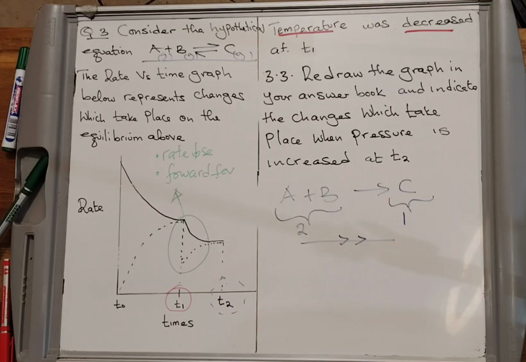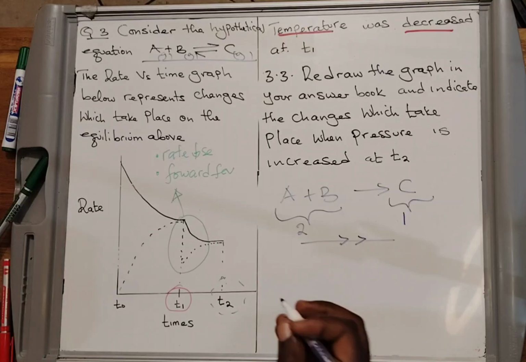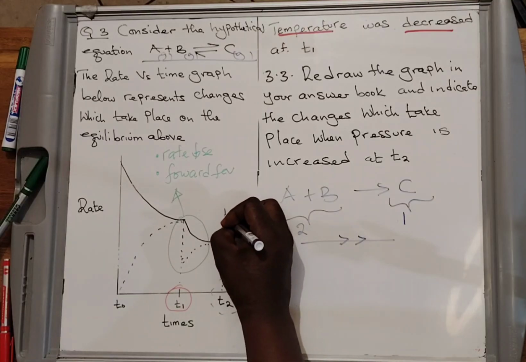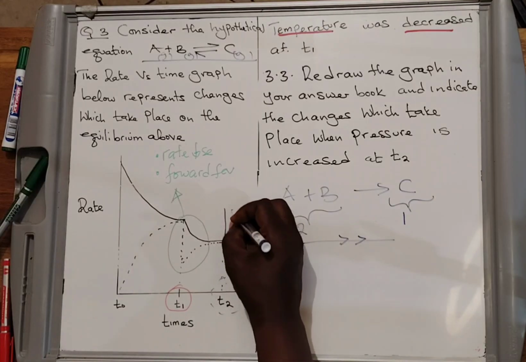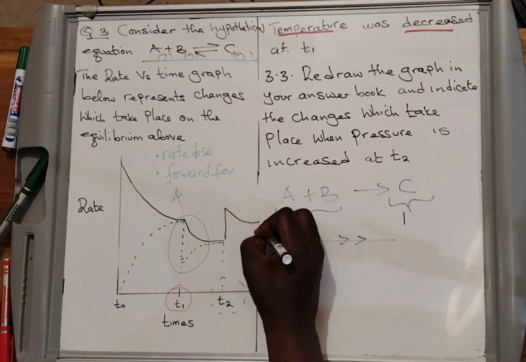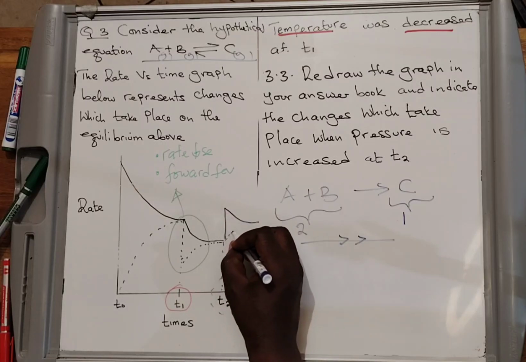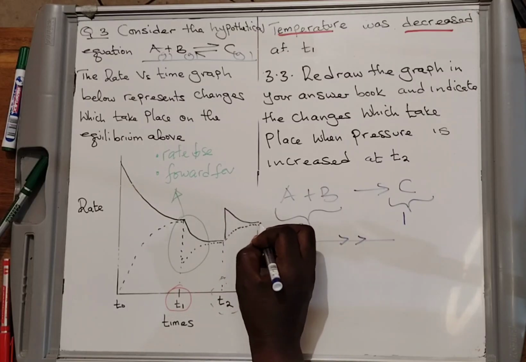So 2 things now have been identified in this case. Rate has increased and forward is favored. How do we show that on the graph? You shift upwards, but with the one favored on the top, then the one which is not favored comes and follows like that.